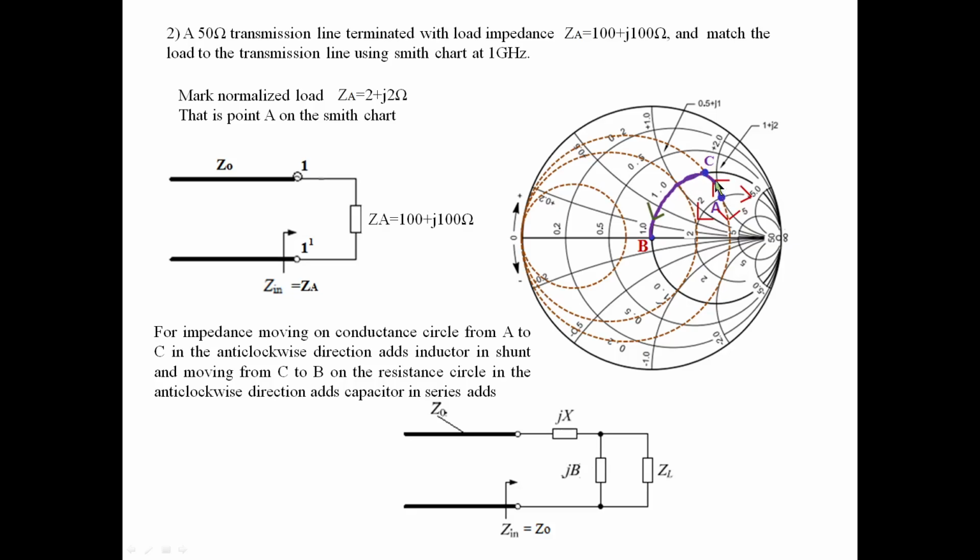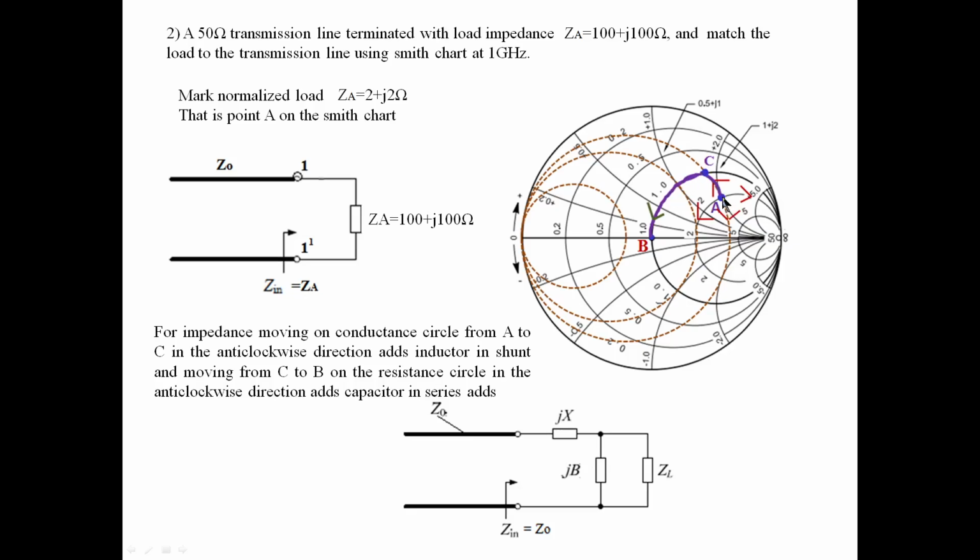Start from here and move over the conductance circle, in the anti-clockwise direction from the load. Wherever it intersects the R is equal to 1 circle, you stop.